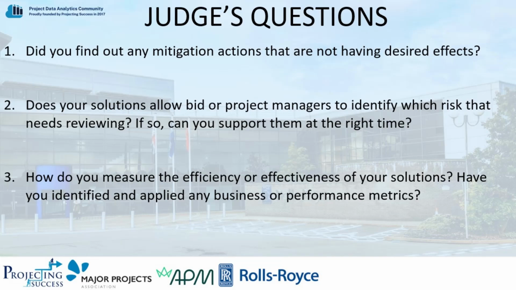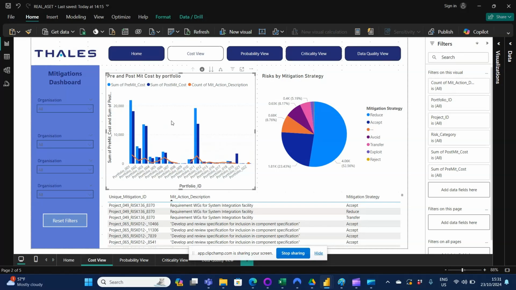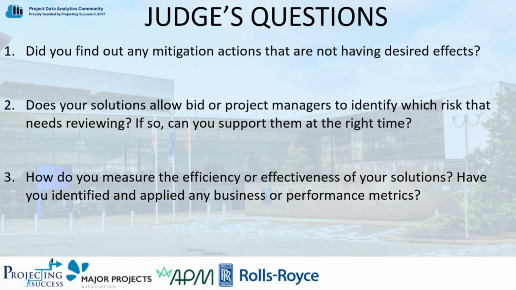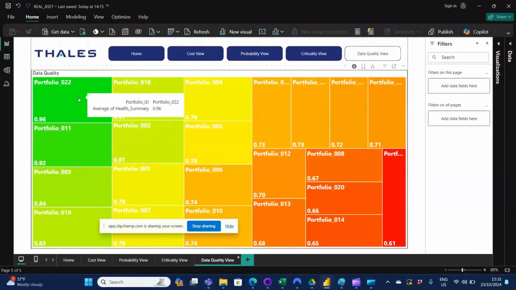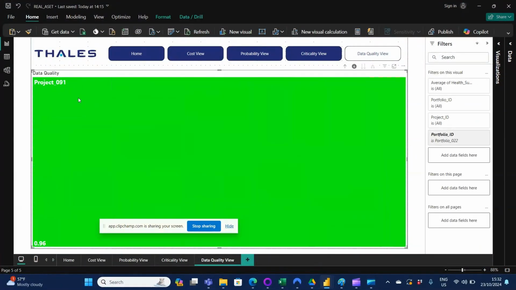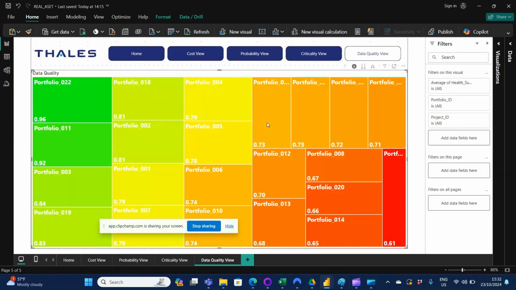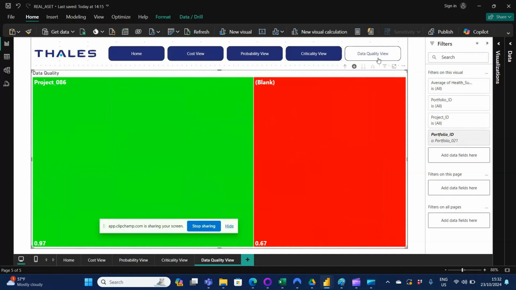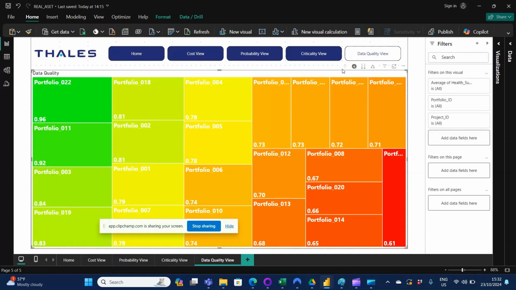Yes, in each dashboard you can see the mitigations and the mitigation ID, which includes the risk ID. Question 3. Yes, we've handpicked the data fields based on the pain points in the Hack Pack challenge. We also looked at data quality and have highlighted DQ on the dashboard that drills down from portfolio to project.